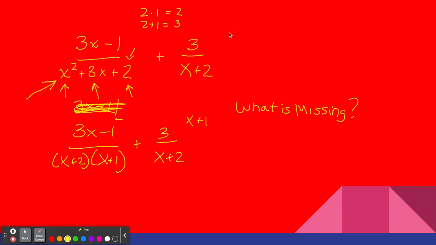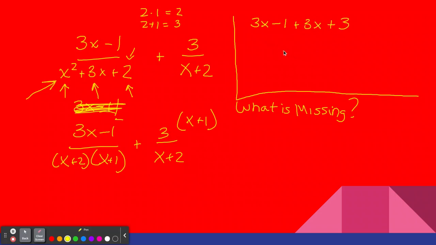So we're just going to keep, make a little box, we're just going to keep the 3x minus 1. And over here, we have 3 times x plus 1, which gives us 3x plus 3. And of course, it's going to be over x plus 1, x plus 2. We don't have to put x plus 2 twice because they're sharing this one, right?